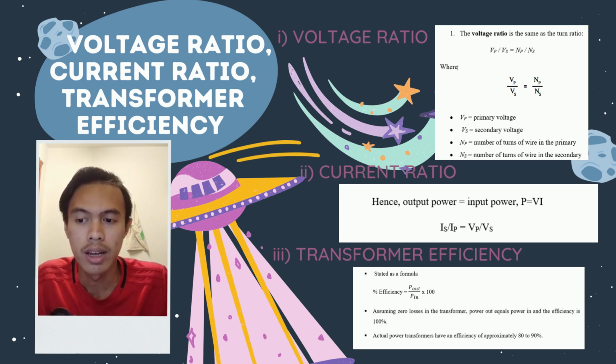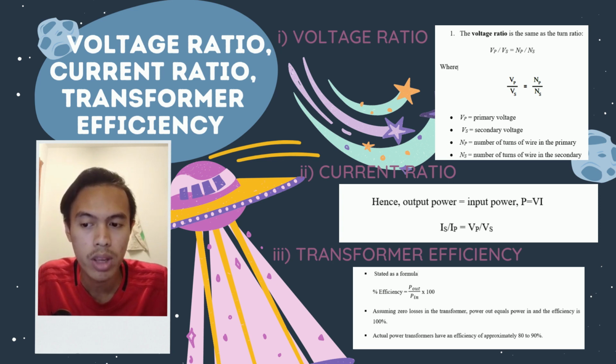So when we use this formula, we can find the current ratio for the circuit. Next, for the transformer efficiency, the ratio of transformer output power to input power is known as transformer efficiency. The effect of transformer loss is measured by the transformer efficiency, which is typically expressed as a percentage. So the formula to find the transformer efficiency is power output over power input times 100%.